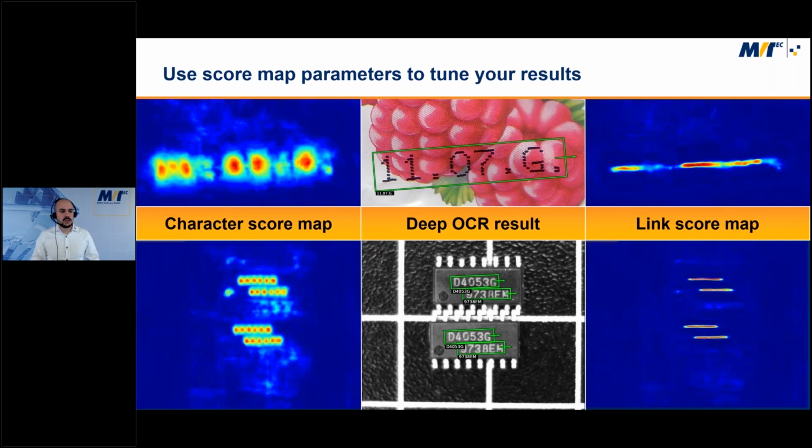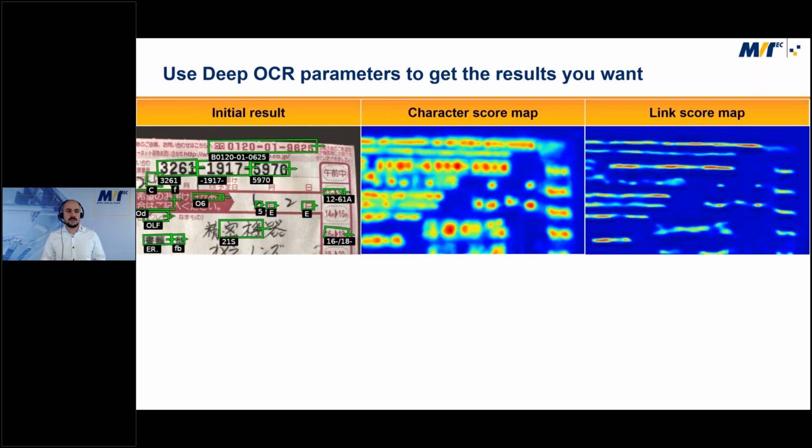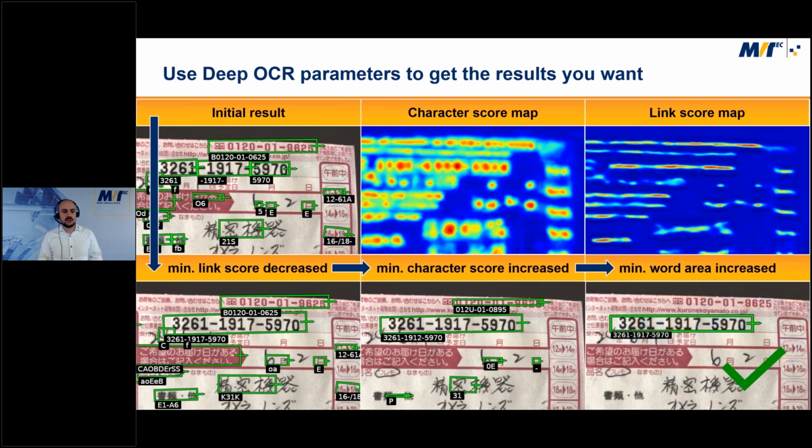Good. As I mentioned, in the Deep OCR you get the possibility to have the character score map and the link score map. So these are two score values which you can use to adjust your deep learning application. Here is just one example which shows you how you can use it.